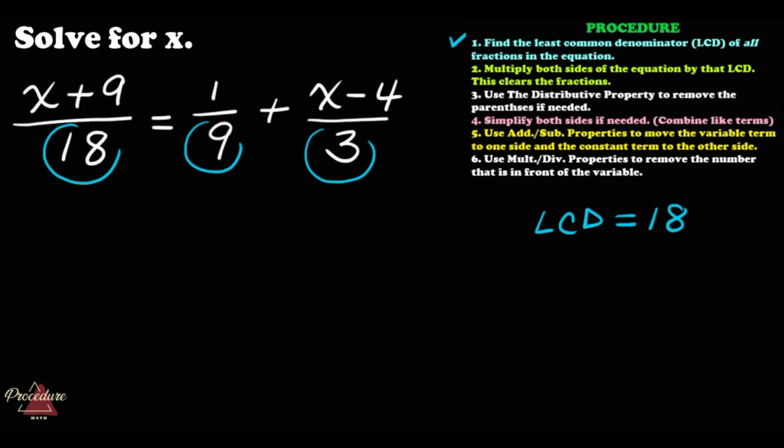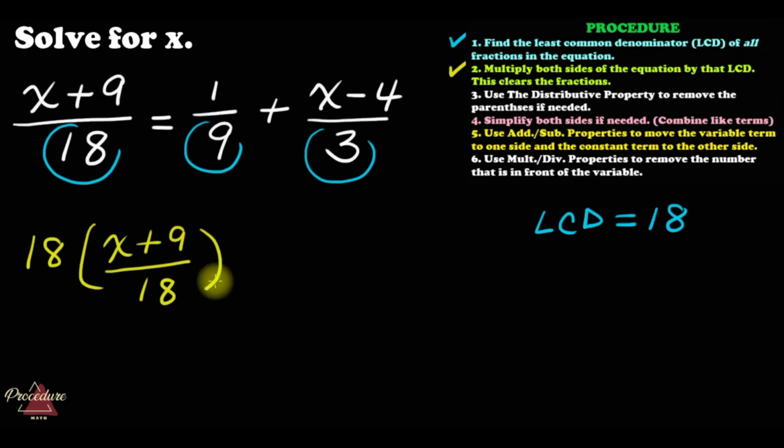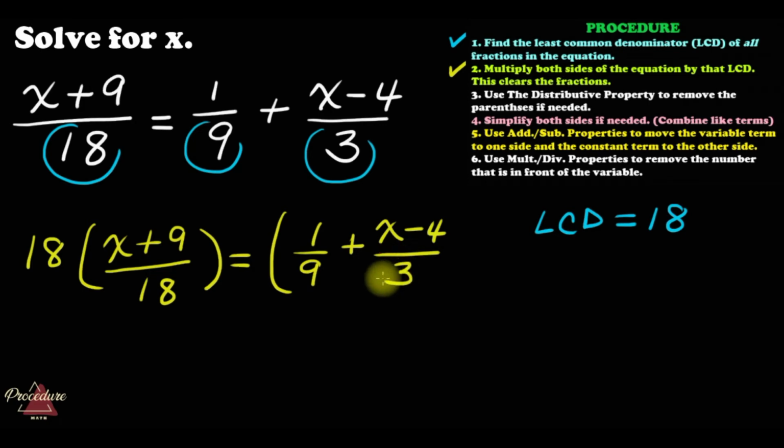The second thing we have to do is multiply all fractions by that LCD. So 18 times x plus 9 over 18, and on the other side, we take 1 over 9 plus x minus 4 over 3, and multiply all of that by 18.